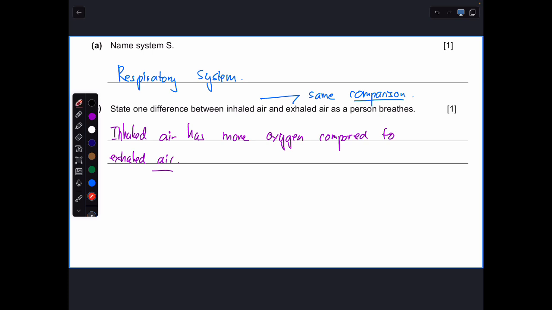Okay, so very quick revision. So this one is less carbon dioxide. Okay, you don't want less carbon dioxide, you can also say, okay, don't put water vapor, don't put temperature. Some of you put temperature, it is wrong. So some of you say that exhaled air is warmer than inhaled air.